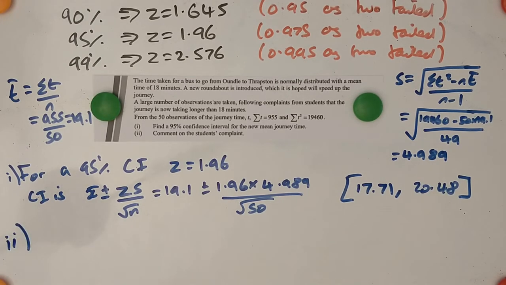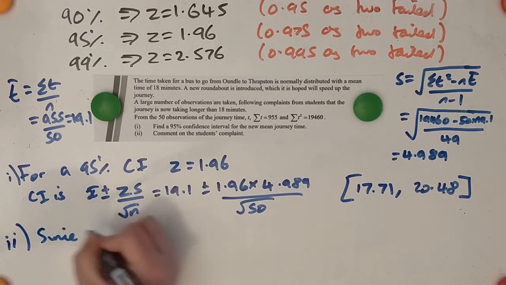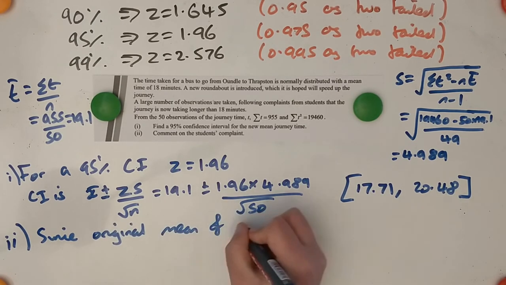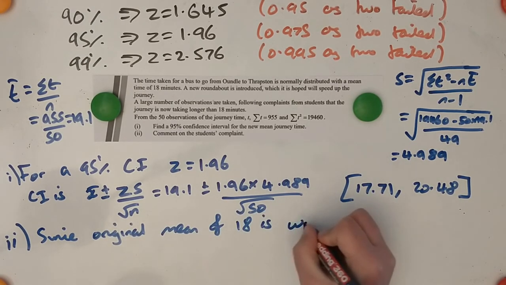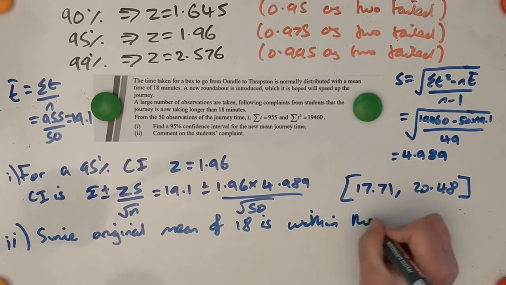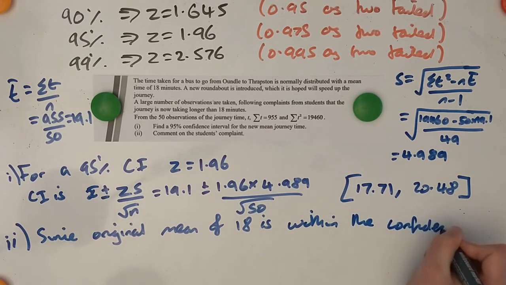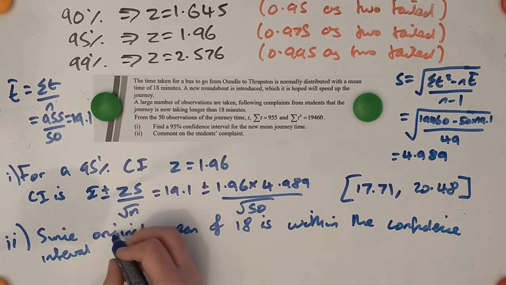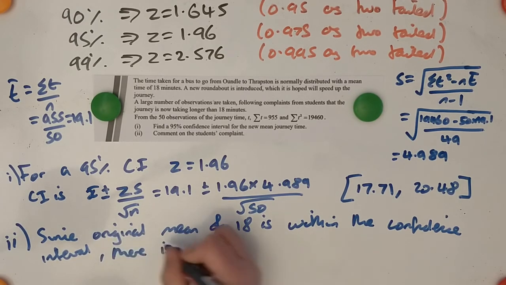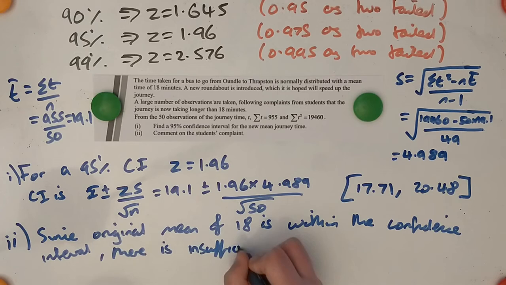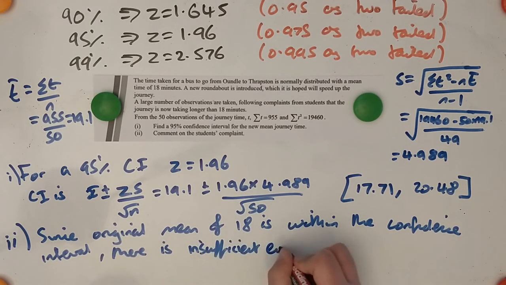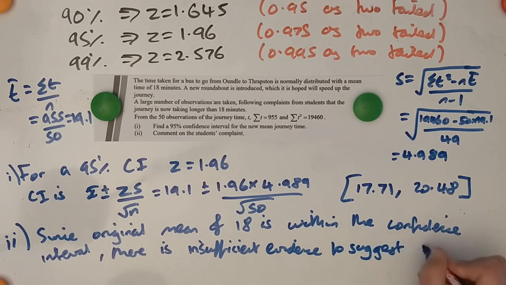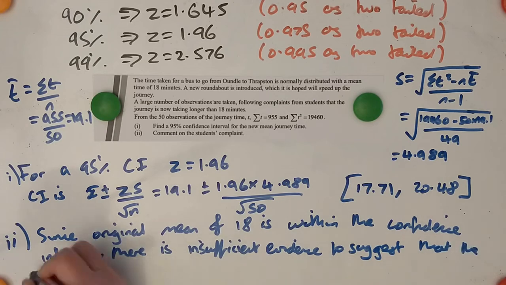Comment on the student's complaint. Since the original mean of 18 is within the confidence interval, there is insufficient evidence to suggest that the journey time has increased.